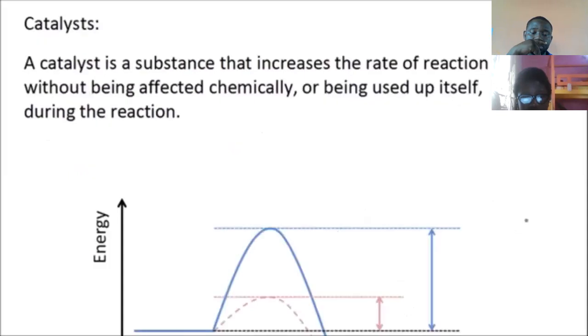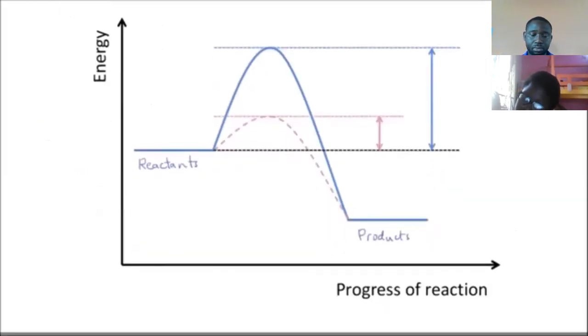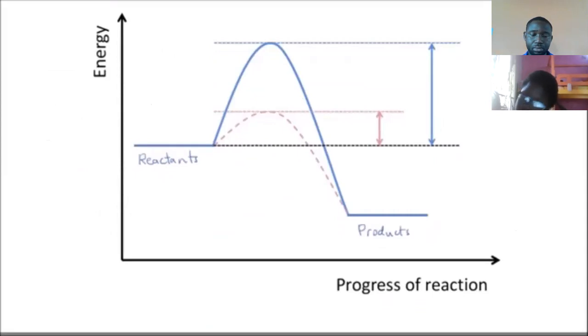So last but not least, let's have a look at catalysts. We can sometimes use a catalyst to speed up a reaction. A catalyst is a substance that increases the rate of reaction without being affected chemically itself or without being used up itself during the reaction. Catalysts work by lowering the activation energy of a reaction. So let's look at this graph.